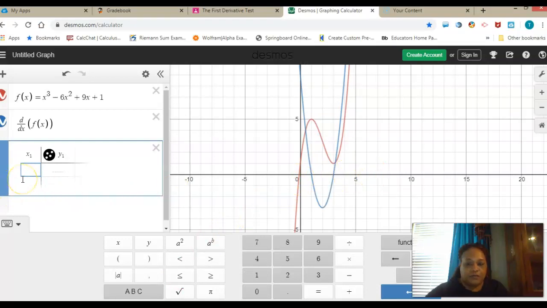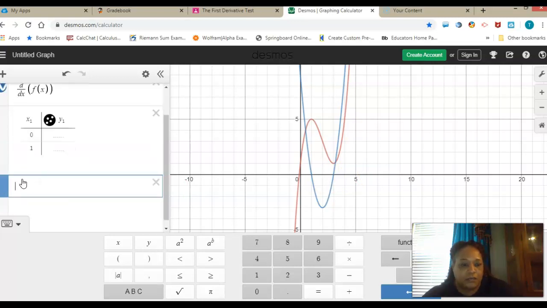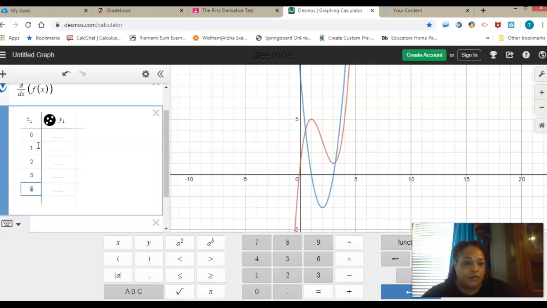So I'm going to enter 0, 1, 2, 3, 4, and 5. Now over here, I don't want y1. What I want is this derivative function.